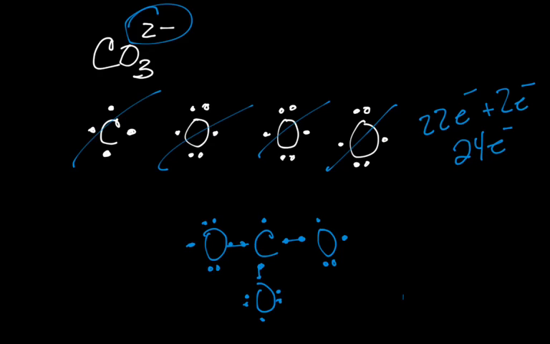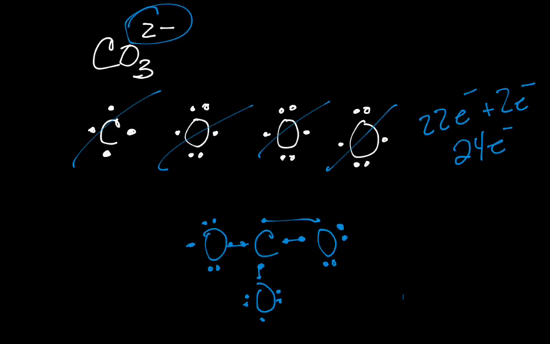So I will move this electron here, that can bond there. So now this carbon is happy and this oxygen is happy, right? Noble gas configuration, but not the other 2 oxygens.